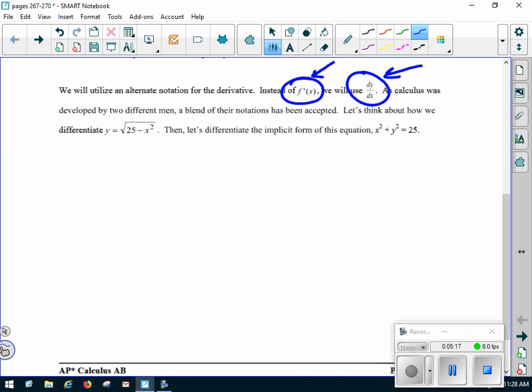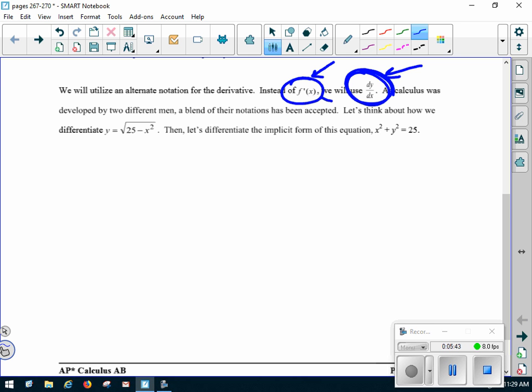As calculus was developed by two different men, a blend of their notations has been accepted. We read this, even though it's a fraction, as dy dx. And what does it mean? It means the derivative of y with respect to x. Ladies and gentlemen, that's exactly what this means. The derivative of y with respect to x.